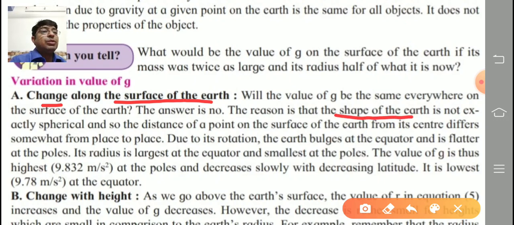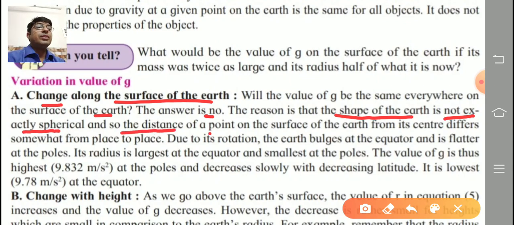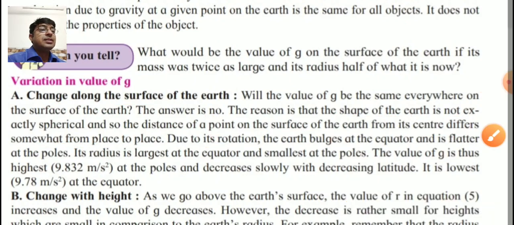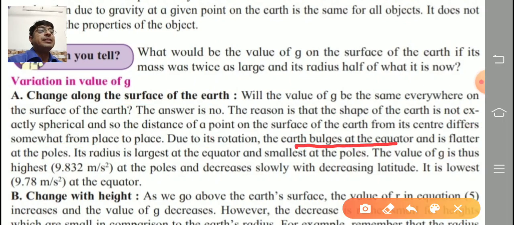Will the value of small g be the same everywhere on the surface of the Earth? The answer is no. Why? Because the shape of the Earth is not exactly spherical, so the distance of a point on the surface of the Earth from its center differs somewhat from place to place. Due to its rotation, the Earth bulges at the equator and is flatter at the poles.